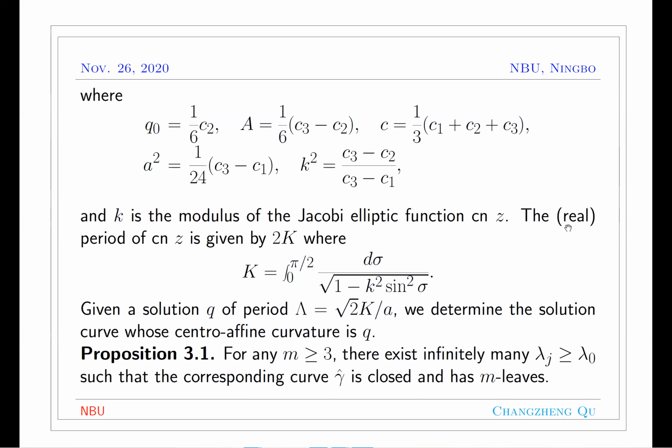Actually we can prove that for m greater than 3, there are infinitely many lambda_j such that the corresponding curves are closed and have m leaves. Also there are many other results corresponding to the solutions of the KdV equations.